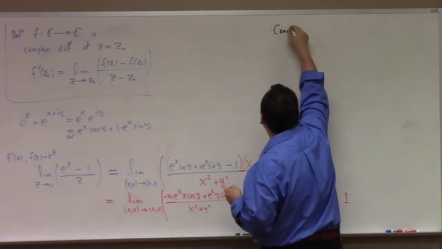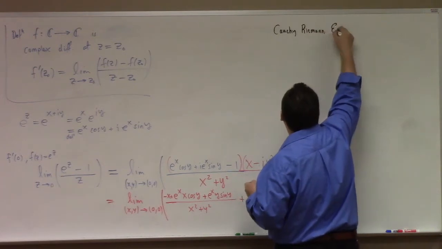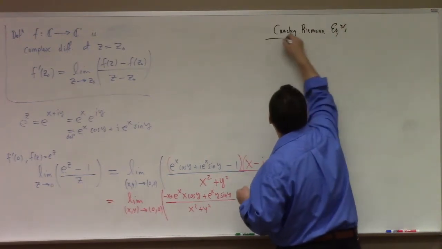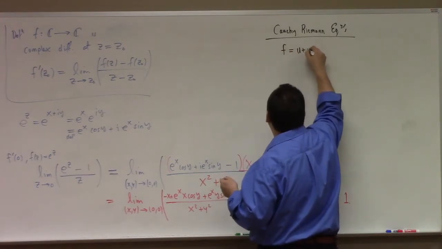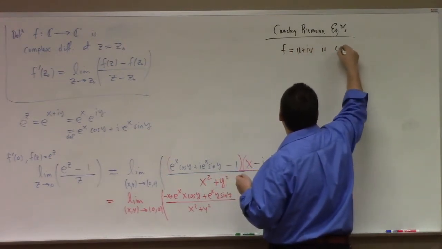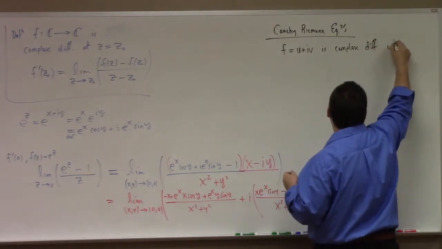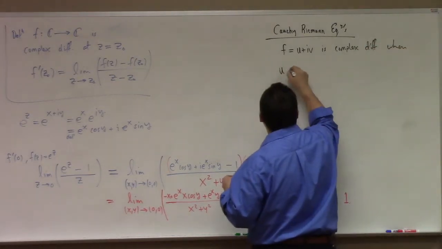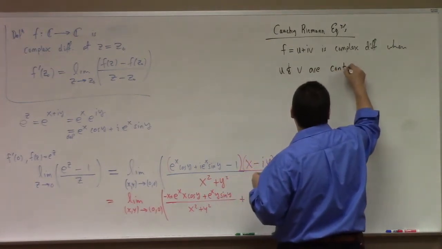So what's the Cauchy-Riemann equations about? Here's the short version of it. If f is equal to u plus iv, this is complex differentiable when u and v are continuously differentiable.